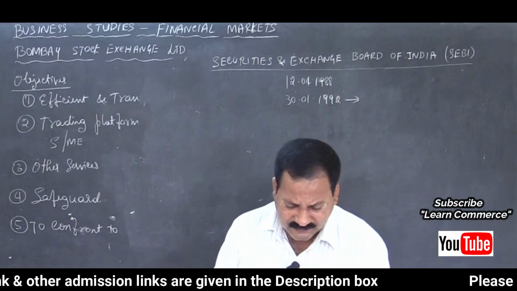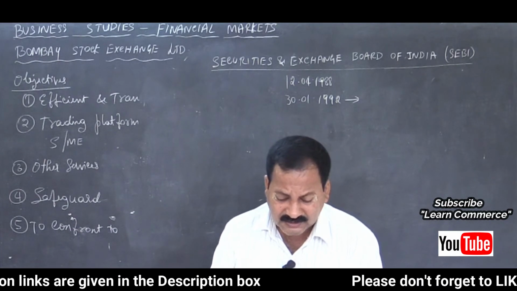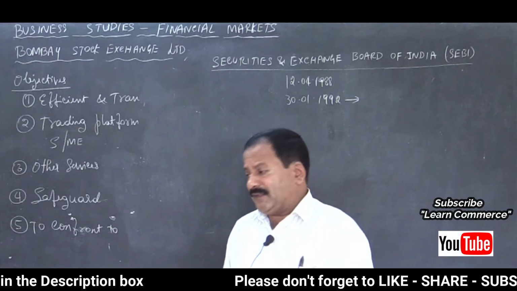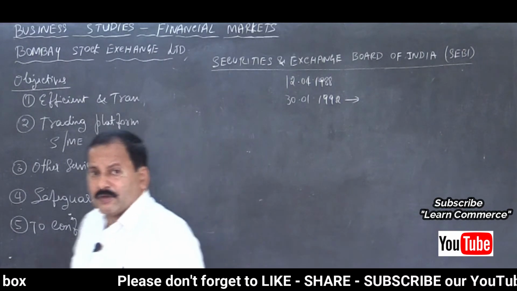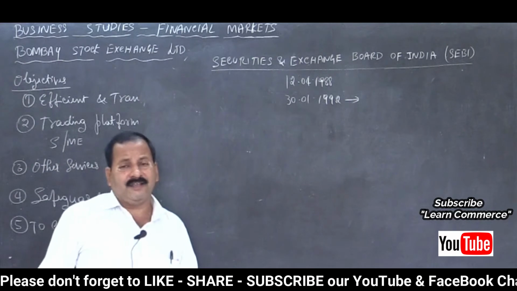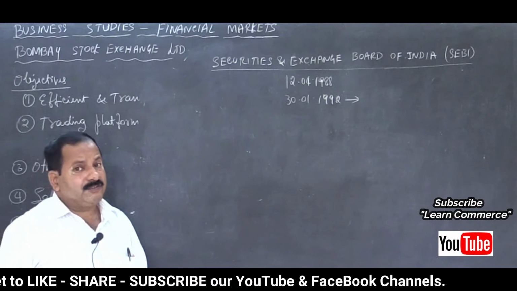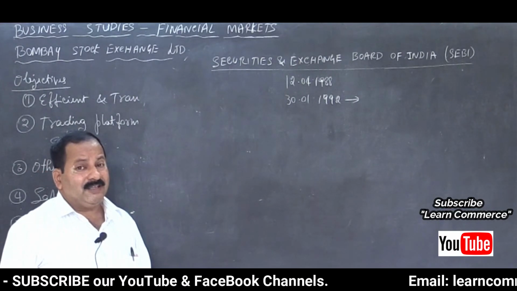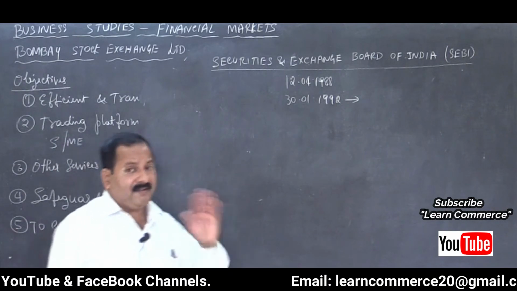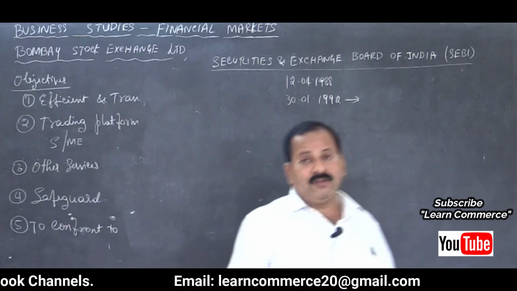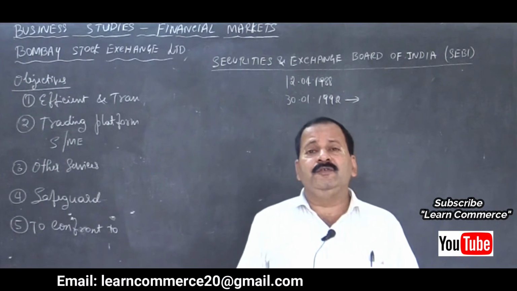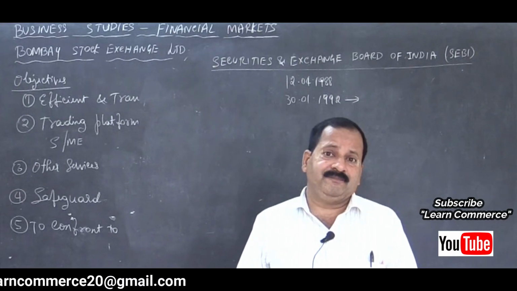There was an increase in the volume of transactions, and the dealings in the stock market increased like anything. So it was not possible for the existing institutions at that time to control the capital market, which was growing in a multifaceted way.